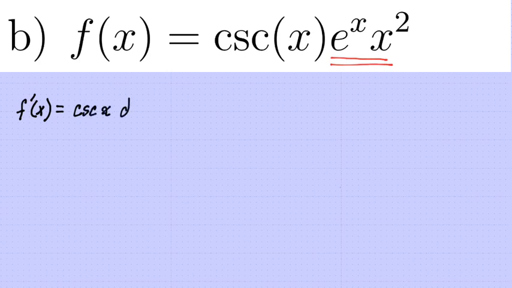So this is going to be the first times the derivative of the second. And I'll have to do another product rule in here, but plus the second times the derivative of the first. The derivative of the first is negative cosecant x, sorry, extra c in there, cotangent x.